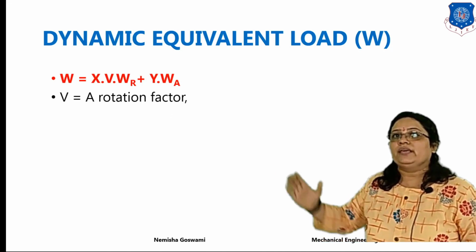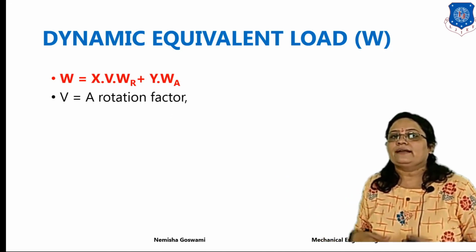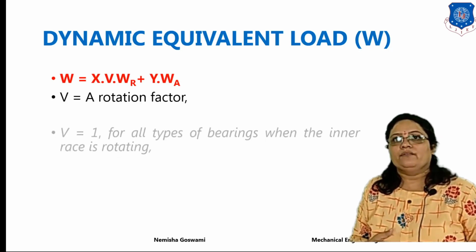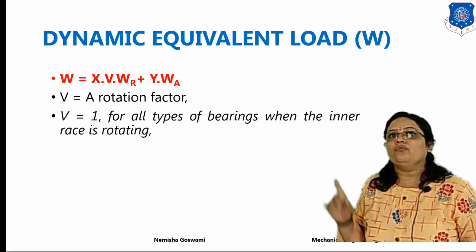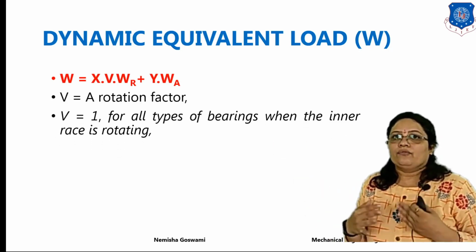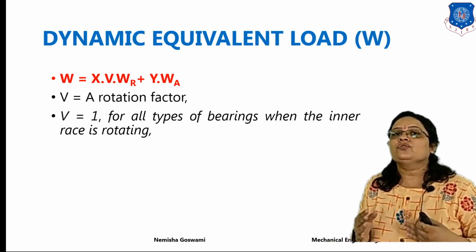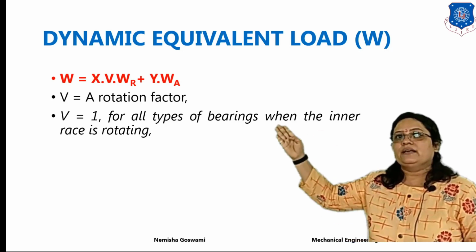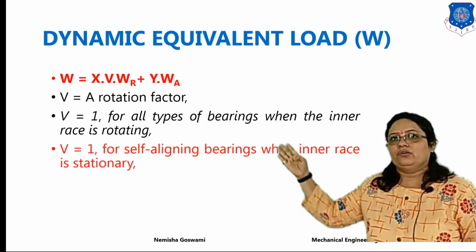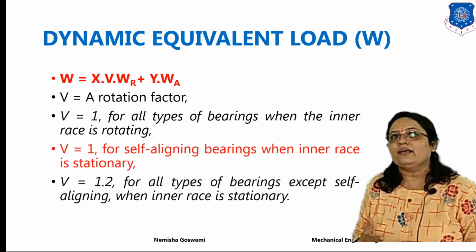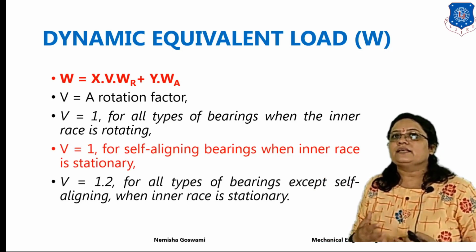And what is V? V is the rotational factor and its value is different for different types of bearing. V is equal to 1 when the inner race is rotating. Similarly, V is equal to 1 also for the self-aligned bearing when the inner race is stationary.